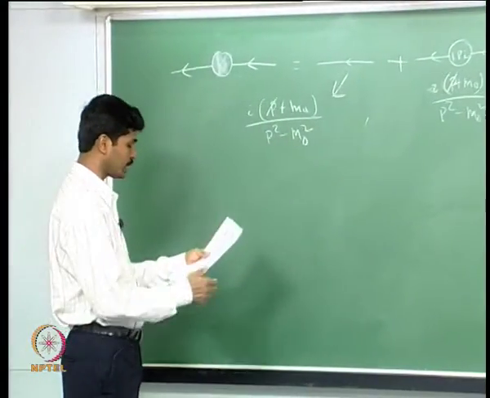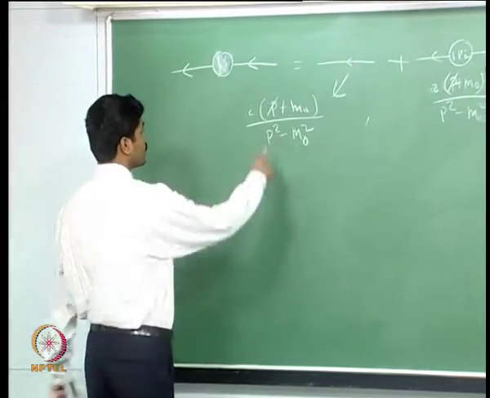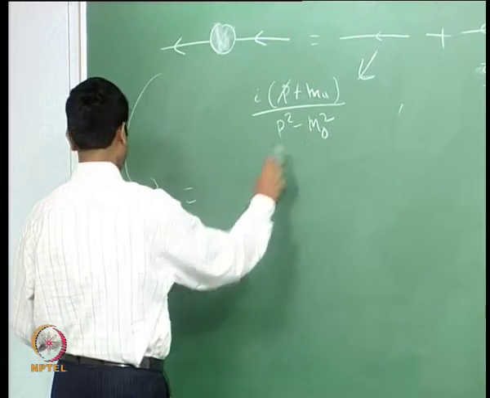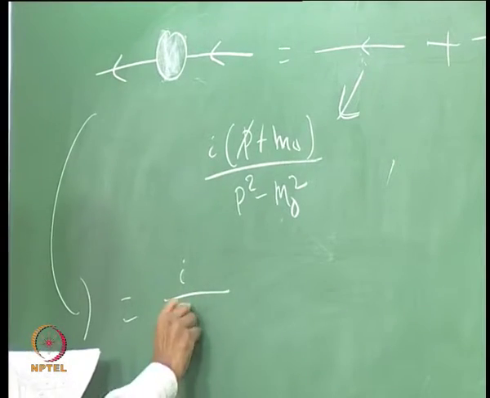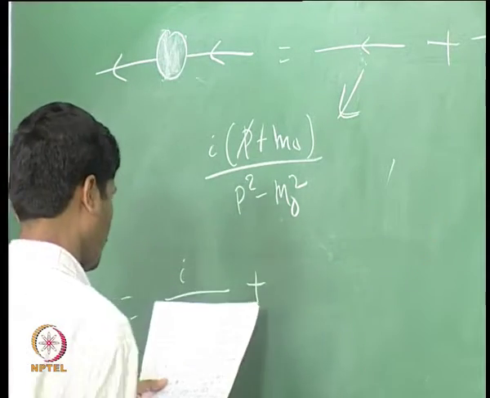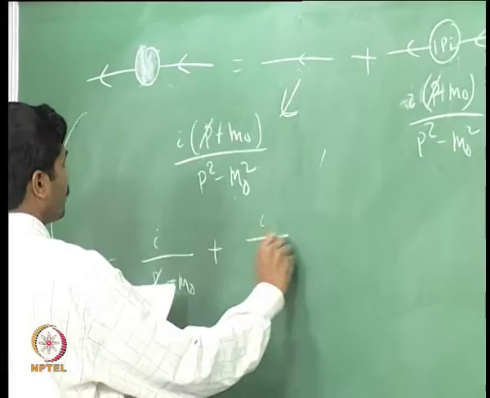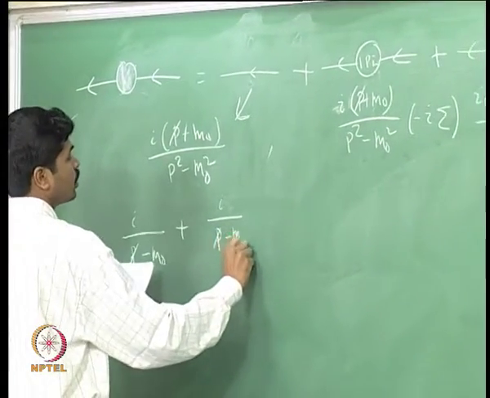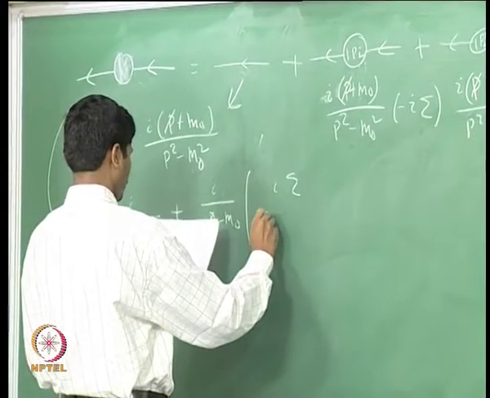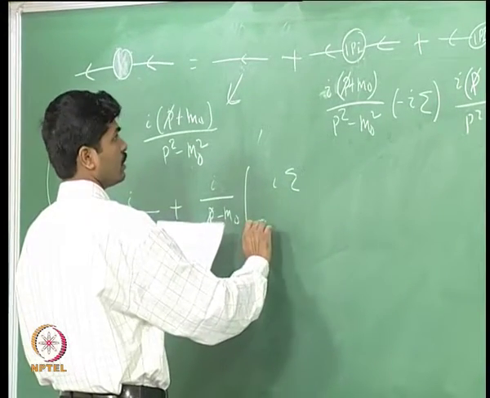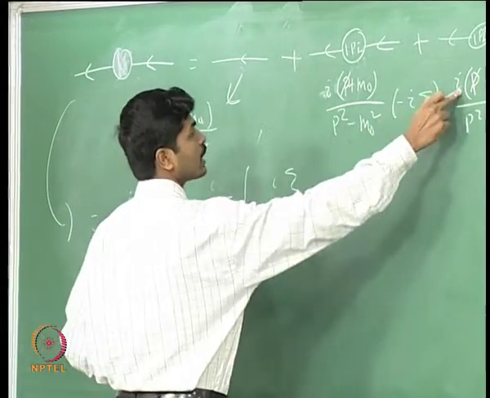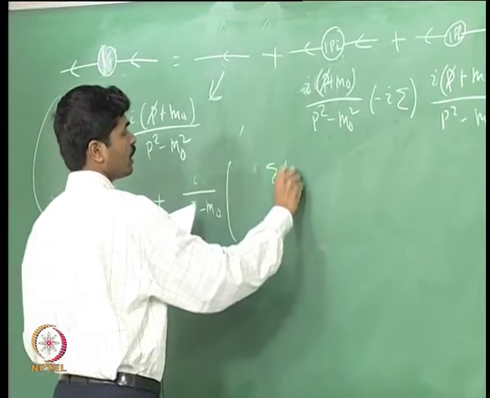It is of course very straightforward to sum it up. I will rewrite this term here. The first term is i over (p-slash minus m0), and the second term here is basically i divided by (p-slash minus m0) times i sigma, so this minus i will give you plus 1.